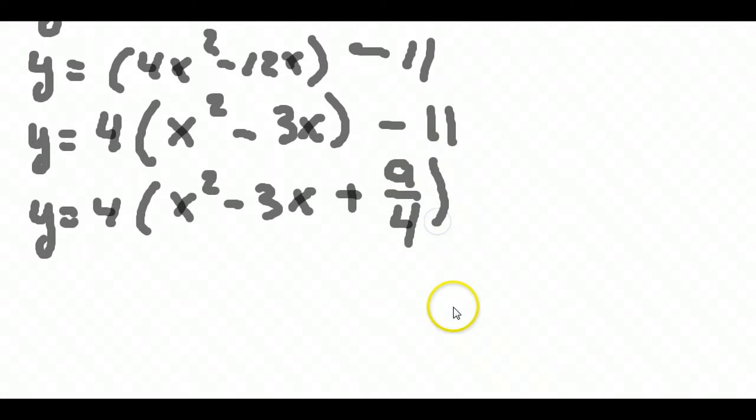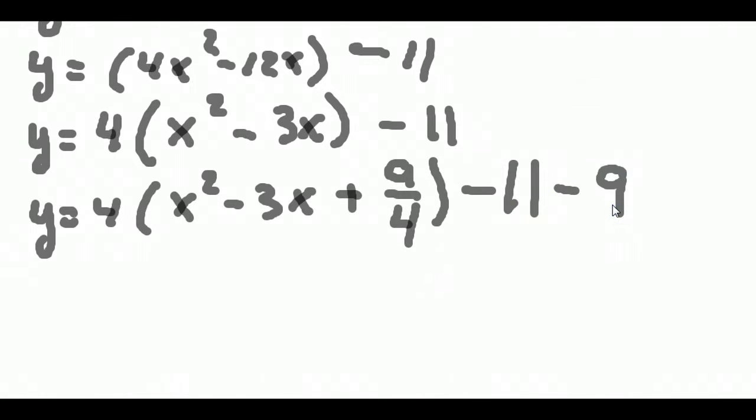Yep, 9 over 4. So now we have y equals 4 open x squared minus 3x plus 9/4 close minus 11, and we're adding 9/4, but this 9/4 is affected by this 4 that we pulled out in the beginning. So what is 4 times 9/4? 9.